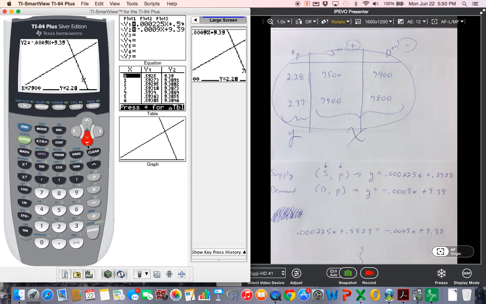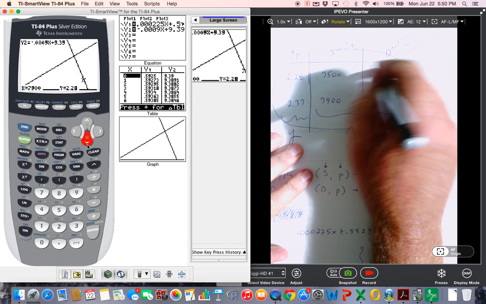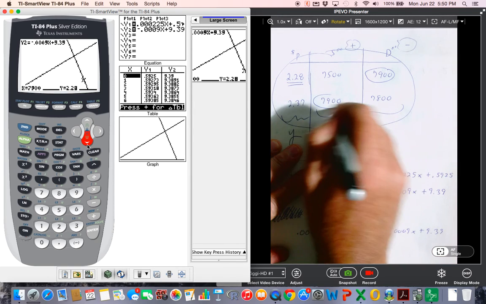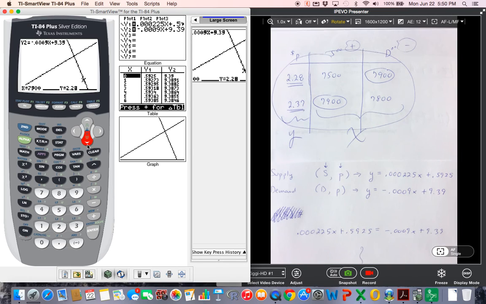I can come down to the demand, and it is $2.28. So when this was 7,900, it's $2.28 for the demand function, and $2.37 for the supply. That's not what I want to do here. I want to find the point right there.